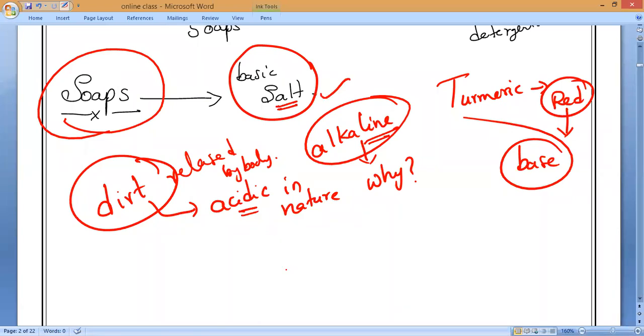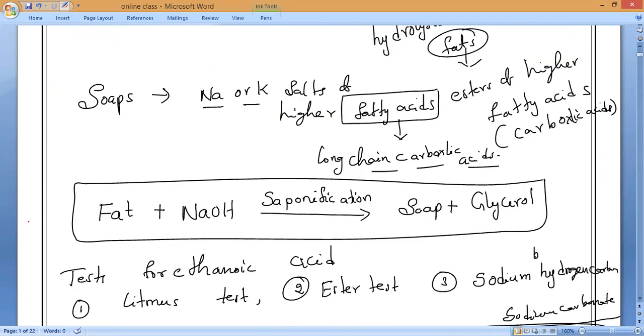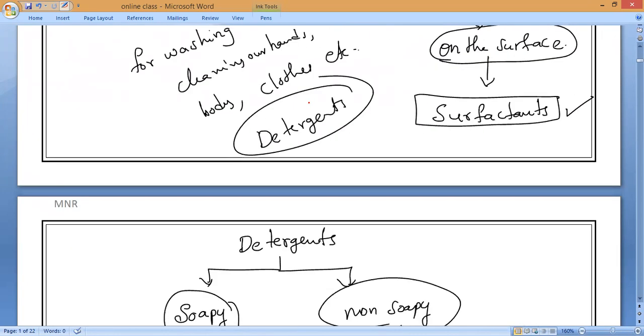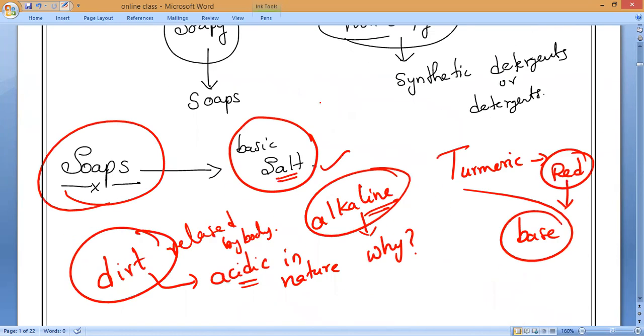As I already taught you, what are soaps actually? They are the salts of what? Soaps are the sodium or potassium salts of higher fatty acids, or long chain carboxylic acids, which have cleansing properties in water.